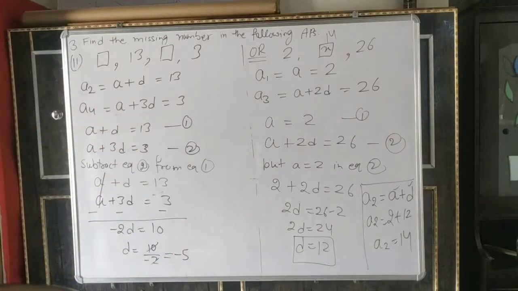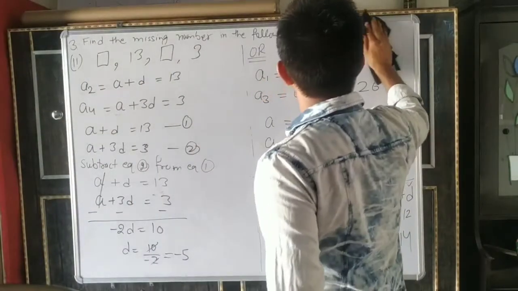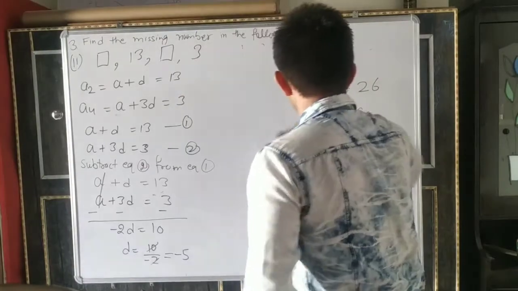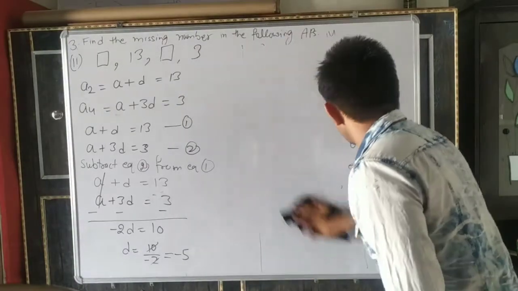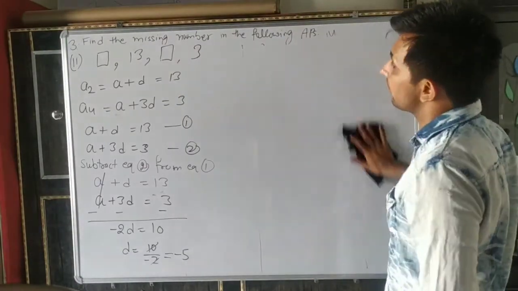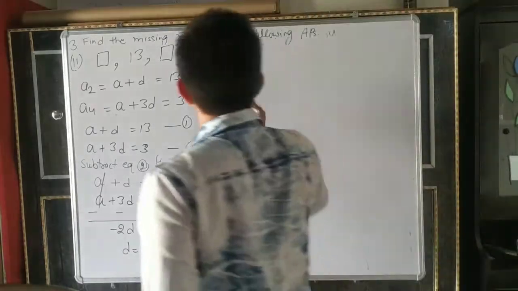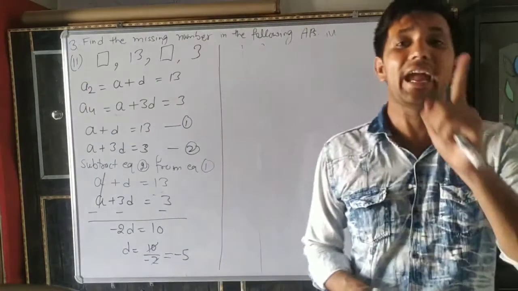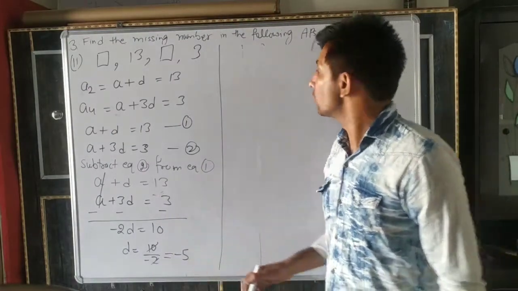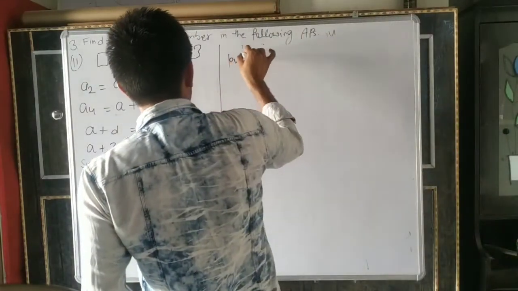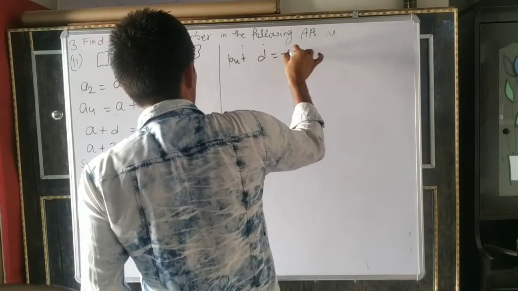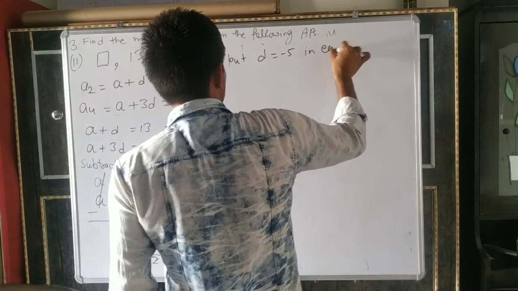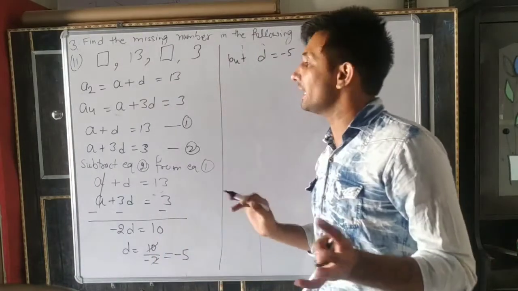So what is the value of D? The value of D is, dear, minus 5. But every time we want to find any term, I have already told you what we need: we need to find A and D. D we already found. So put D equal to minus 5 in equation 1 or 2, in any equation.